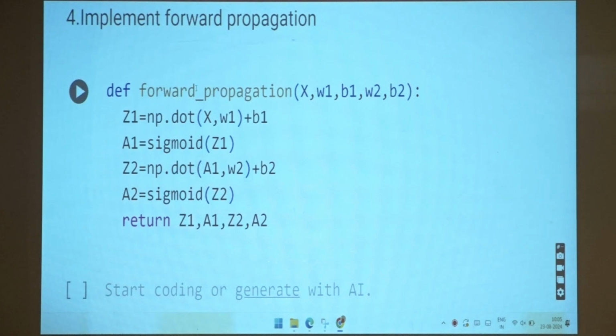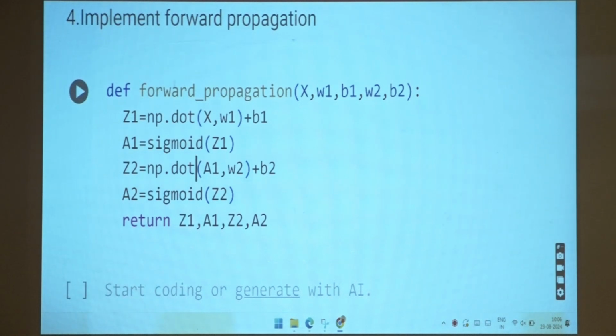And then what is Z2? The connection that I am forming with respect to input and weights of hidden to output. What is A2? My final output. A2 would be my final output, that is the activation function of the output layer. So A1 is the activation function of the hidden layer. A2 is the activation function of the output layer, which would be my final output.